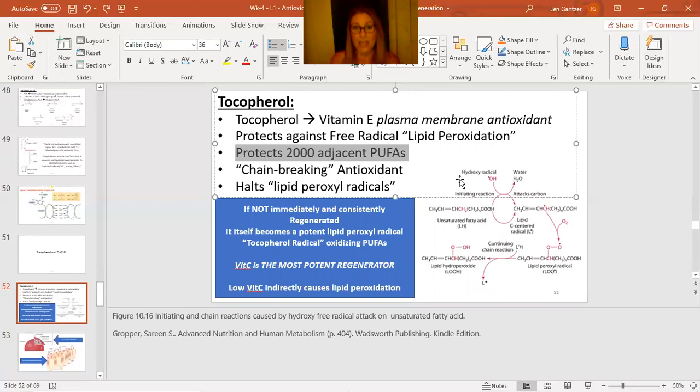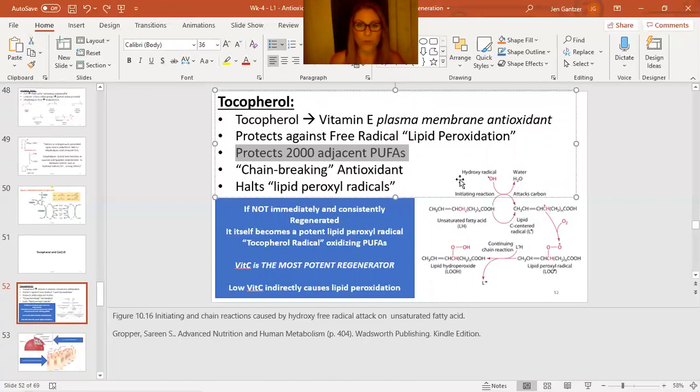But guess what? If we do not recycle vitamin E after it's done its antioxidant job, it itself is also a radical. So if you cannot regenerate vitamin E, we're going to have oxidative stress caused by the vitamin E radical.